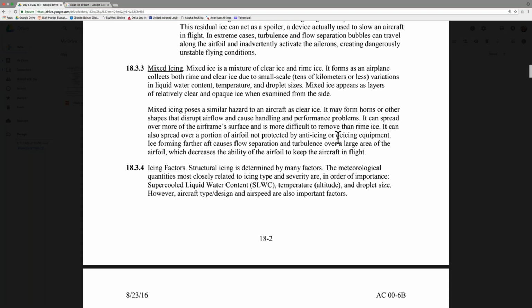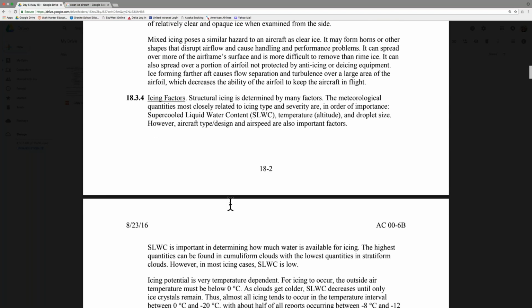So icing factors. Structural icing is determined by many factors. The quantities and the severity, and those are how we list them in order of importance.